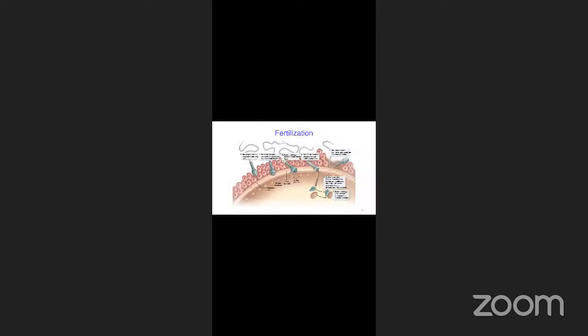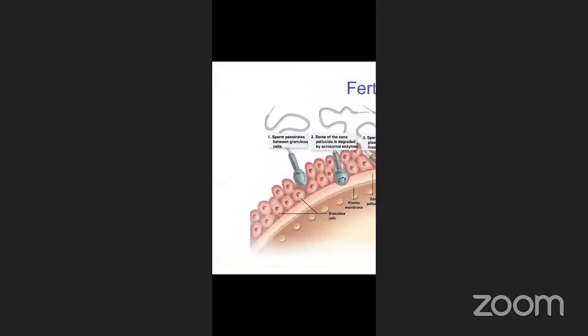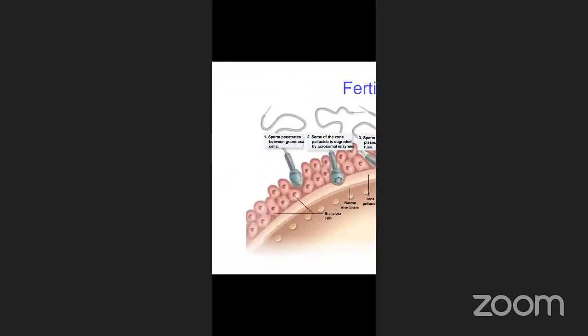The haploid sperm and haploid egg nuclei now migrate towards each other, form a microtubule-based aster, and fuse. Both are haploid, and after fusion they become a diploid nucleus, and that single cell with the diploid nucleus is called the zygote. So this is how the entire fertilization looks, for your understanding.